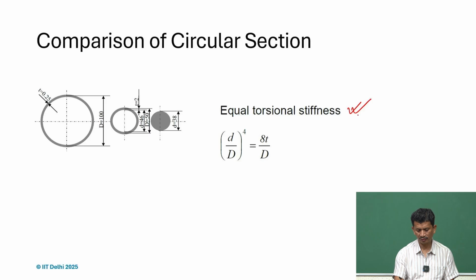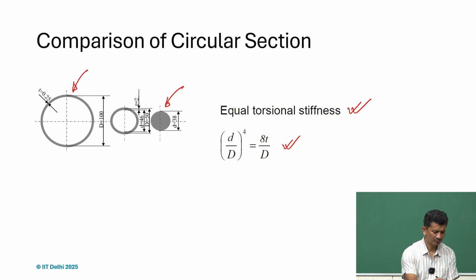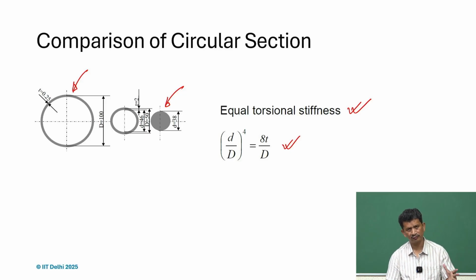If you are looking for equal torsional stiffness, again we can compare, and the torsional stiffness we just derived, but we find small d over capital D to the power 4 is equal to 80 by d. And what we realize is that for the same thin tube, to get the same stiffness, the diameter of the solid shaft has increased.